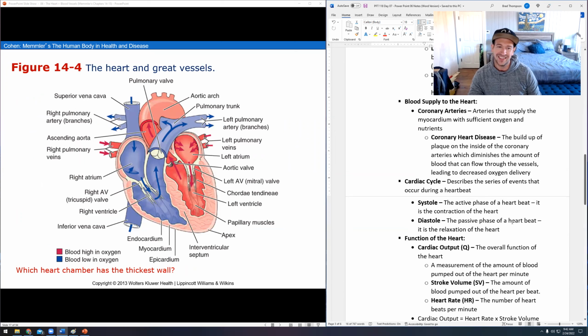The chambers can be difficult sometimes, but hopefully that helps, right? Again, looking at a red blood cell, it would go from right atrium, right ventricle, lungs, left atrium, left ventricle, body, back to the right atrium, right ventricle, lungs, right? Again, it's just a big figure 8.